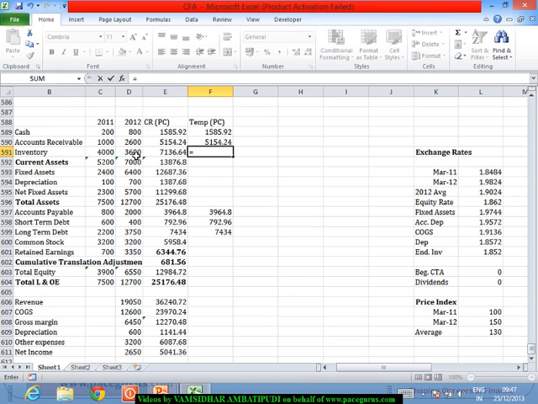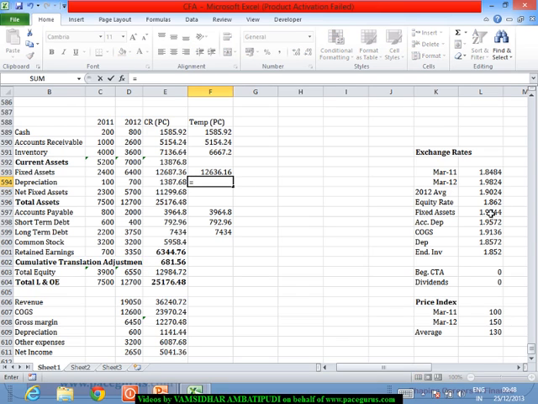Okay, I'll take the inventory, and corresponding to the inventory, I'll take the exchange rate as on the inventory date. Similarly, for fixed assets, I will take the exchange rate based on the acquisition of the fixed assets.